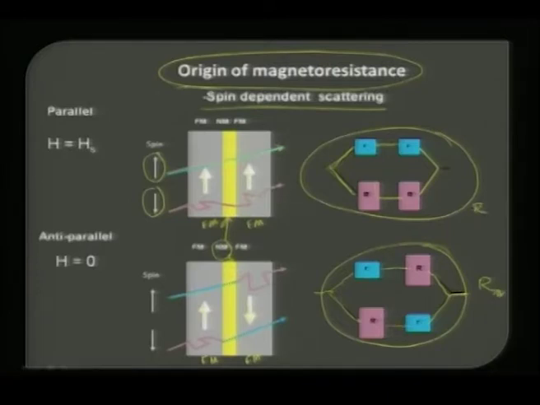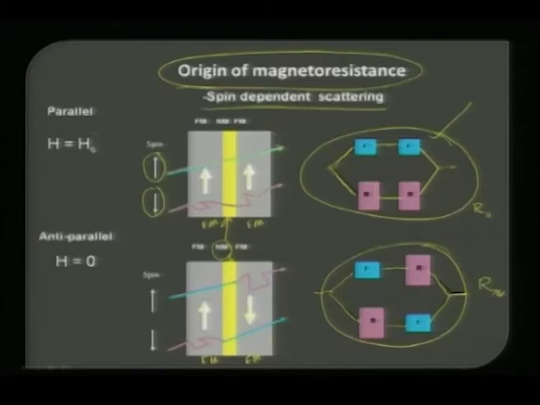In this case ferromagnets are aligned parallel. So what happens is a short circuit, therefore resistance is lower when these two are ferromagnetically aligned, and when they are not aligned, when they are antiferromagnetically aligned, then you have a higher resistance, and that is what is called GMR or giant magnetoresistance.